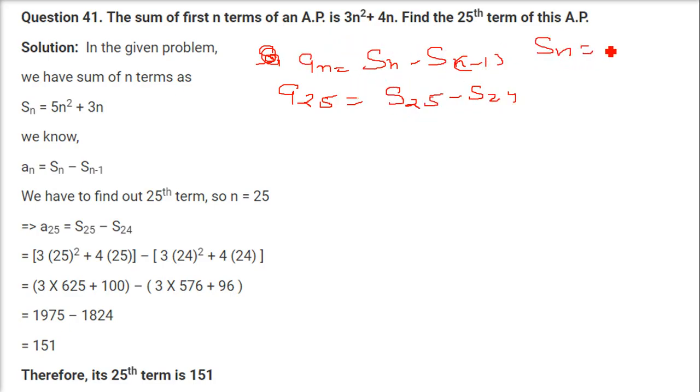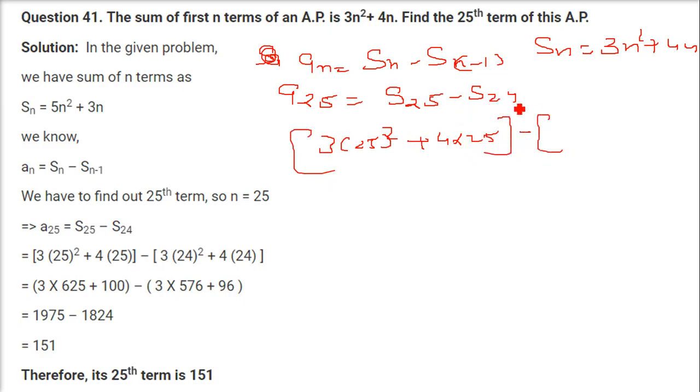Sn is given as 3n square plus 4n. So we can write S25 as 3 into 25 whole square plus 4 into 25, minus S24, which is 3 into 24 whole square plus 4 into 24. If you solve it, this is going to come as 151. So a25 would be equal to 151.